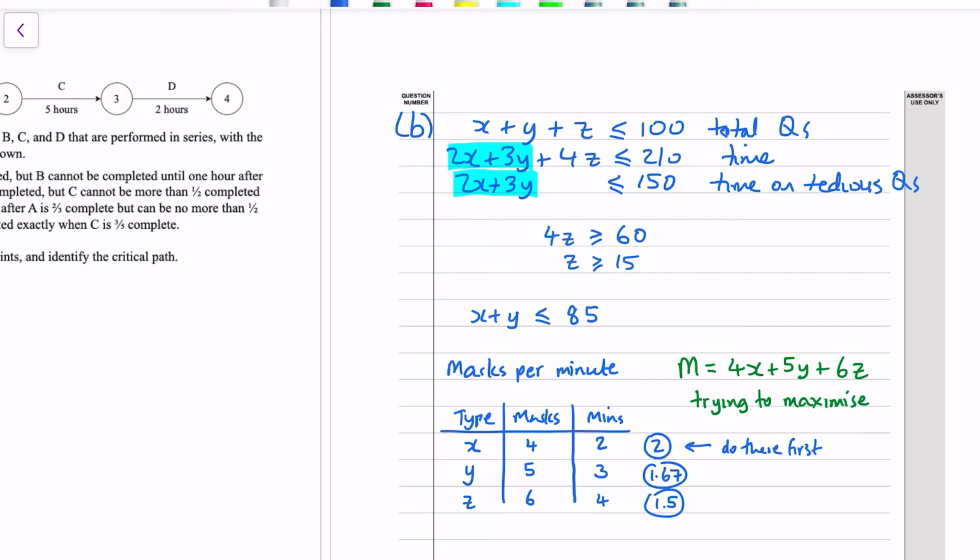Okay, so how many can we do? We can do as much as possible. We've got 210 minutes up our sleeve, but remember that we can only spend 150 minutes on these tedious questions. So we can do 75 of them, because 75 of those questions will take 150 minutes.